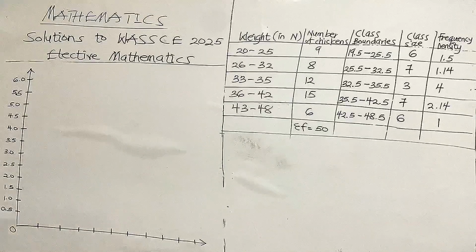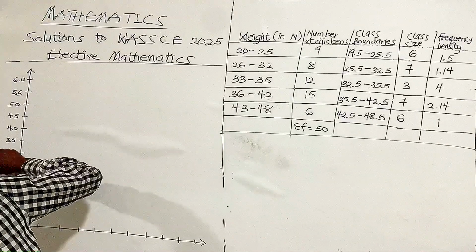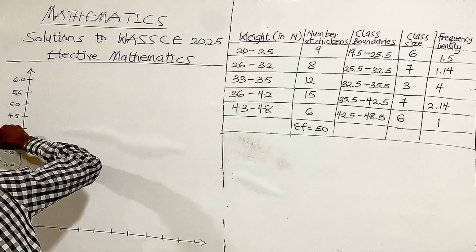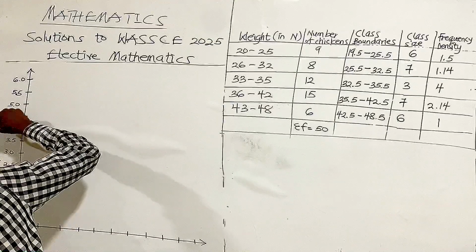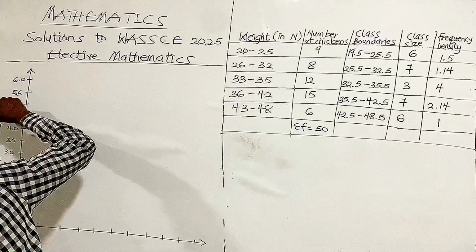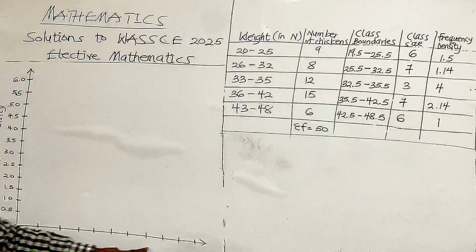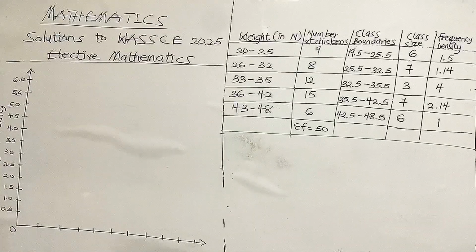And we know that this is the frequency density. Frequency density. And this side will be the class boundaries.